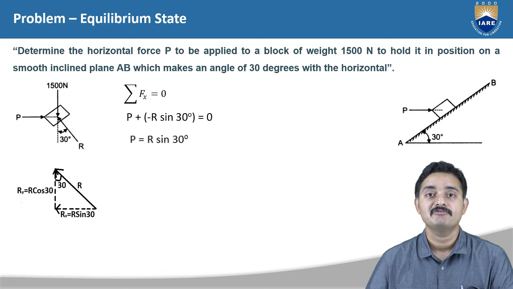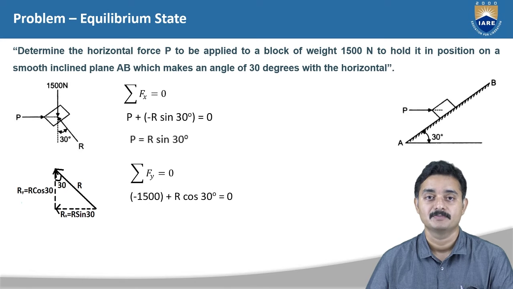Now, the sum of vertical components is equal to, sigma Fy is equal to 0. In the system given, there are two vertical forces. One is the weight of the block and the other is the vertical component of R, that is Ry. Hence, minus 1500 plus R cos 30 degrees is equal to 0.